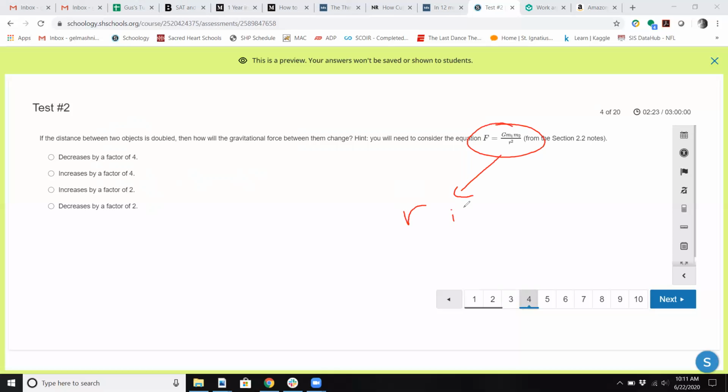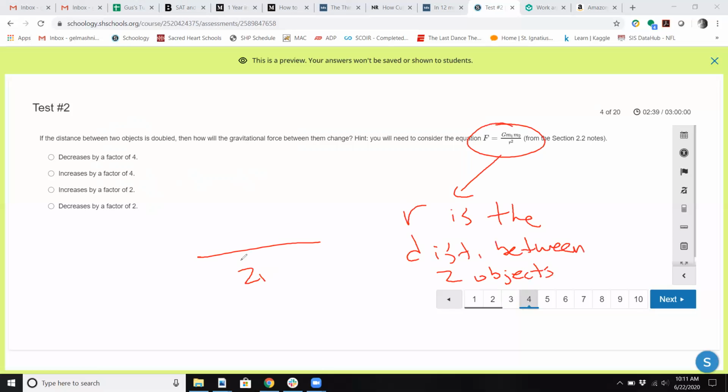R is the distance between two objects. So if you were to double that, so R to 2R, now you're dividing by 4R squared. So it decreases by a factor of 4. That's why we're going to say that choice right there.